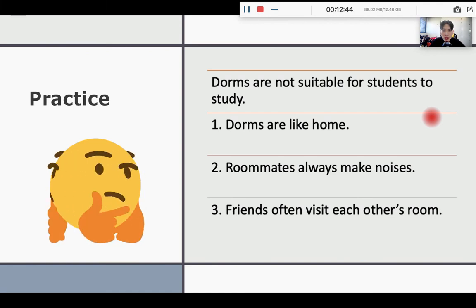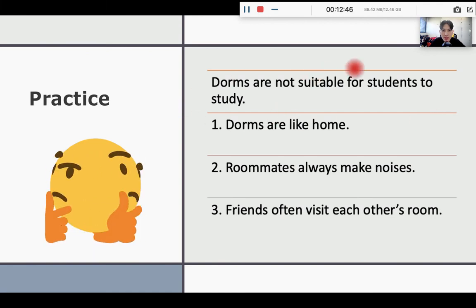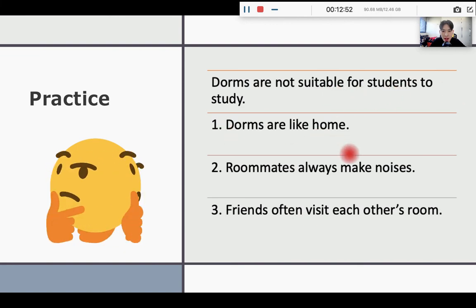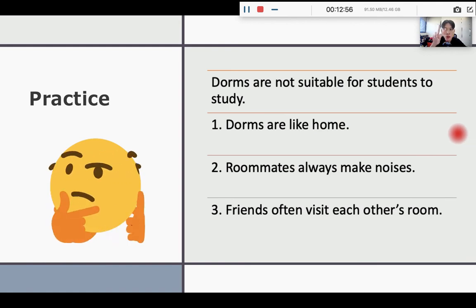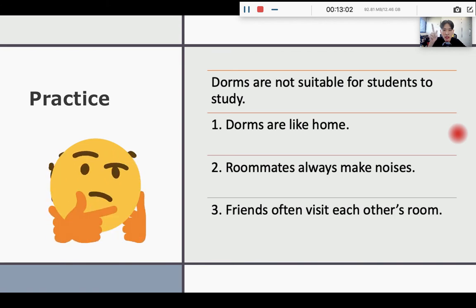Okay, take a look at the topic sentence here. Dorms are not suitable for students to study. And here I have 3 example sentences. Think about the 2 criteria I just told you: relevance and elaboration.